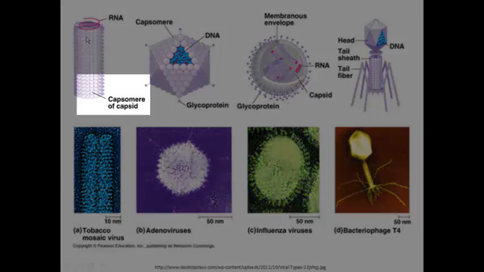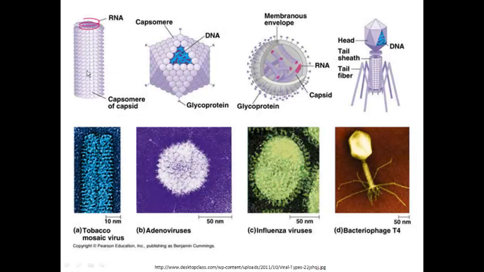They also have a capsid. And the capsid is basically a coat of proteins, kind of like a shield or armor that protects the genetic material on the inside. And they're made up of these little proteins called capsomeres. So a lot of these capsomeres link together, kind of like Legos, to form a shield to protect. Now, once these viruses get into a host cell, the capsid will dissolve and release the genetic material to do its job.